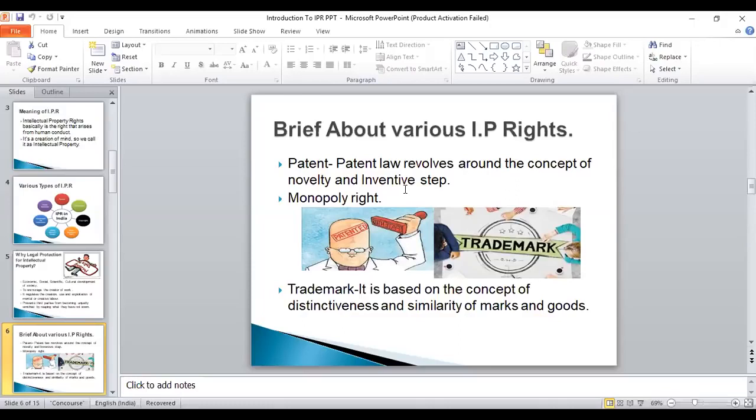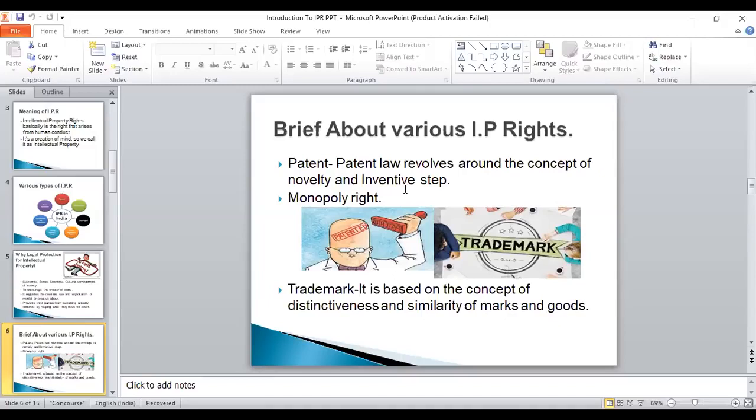Now, the term that comes up in the use of patent is utility. What does utility actually mean? Utility means that whatever you are inventing, whatever you're creating, has to have some sort of usefulness in the eyes of law and for the public.